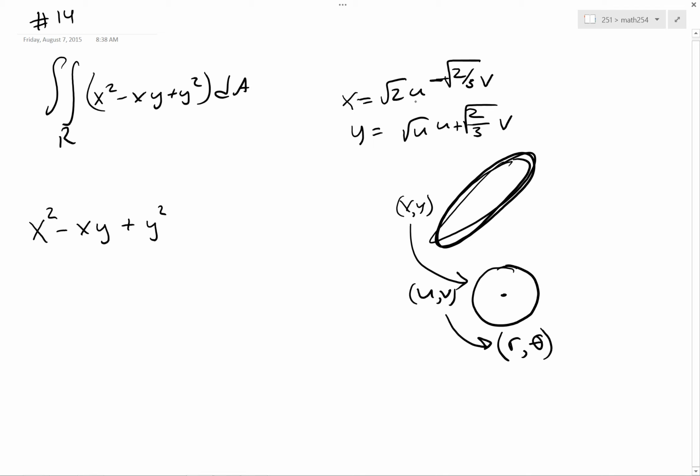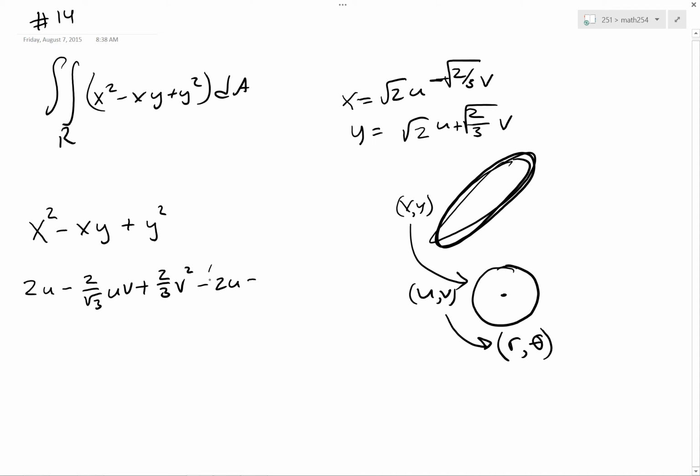So let's see what happens when you take this thing right here and square it. You get 2u squared minus 2 over the square root of 3 uv plus 2/3 v squared. And then we're going to get a minus xy. So this times this, oh, that's the square root of 2, is going to be 2u squared, because it's this times this, and because they are differences of squares, there'll be no middle term.